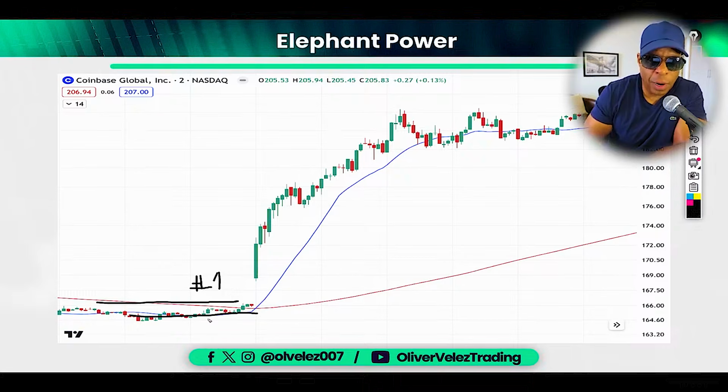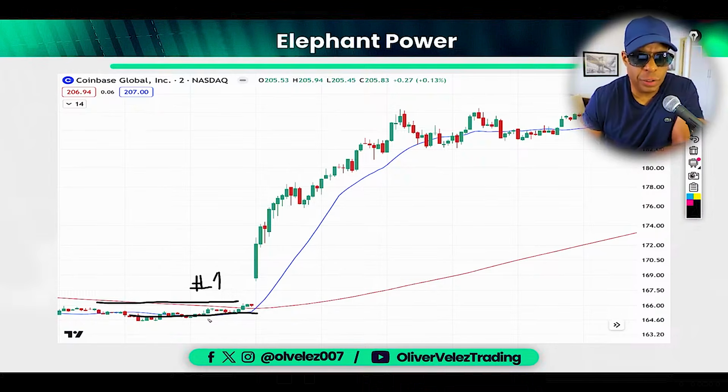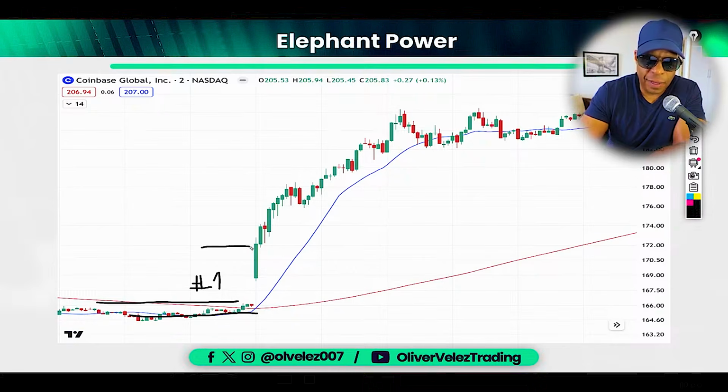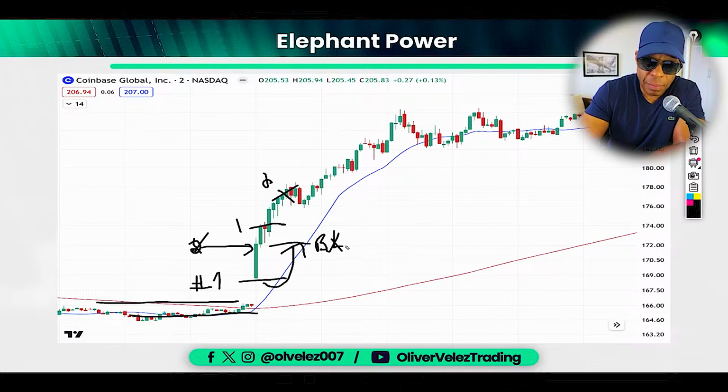Do I get a power elephant bar, a power tail bar, or a power color change? In this case, I get a power elephant. Boom. Enter on anticipation, not above, but in if I can. Stop. Color change, add. Profit take on 2. Move original stop to break even on the rest. Break even. Let the rest ride.